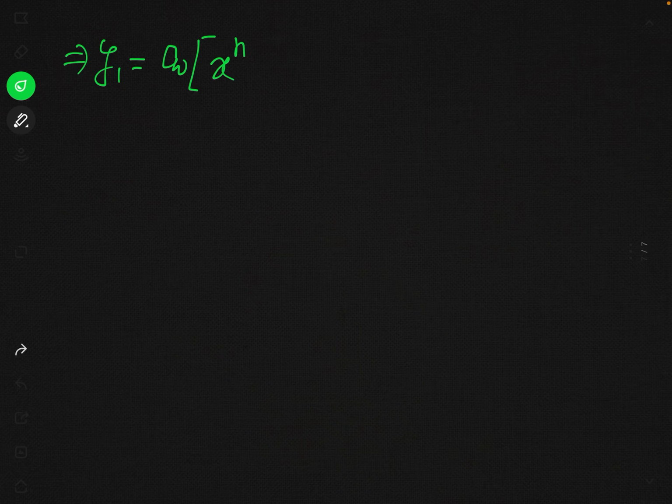So you can easily see the first solution y1 of Legendre's equation is equal to a naught, हर एक टर्म में होगा, कॉमन ले लिया, and this will be x to the power n minus n into n minus 1 by 2 into 2n minus 1.